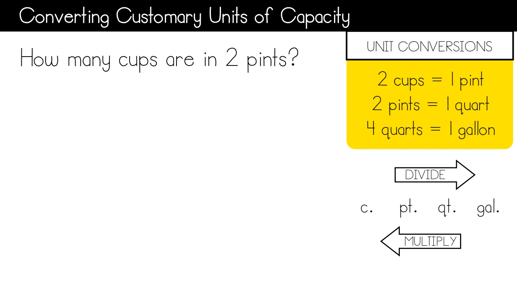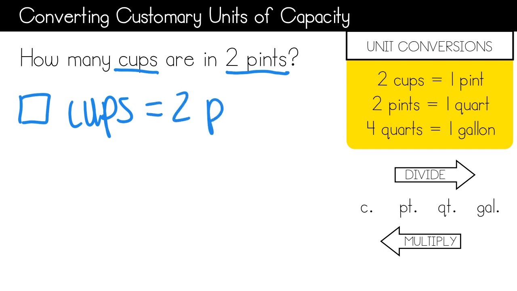Let's dive right in to how we convert customary units of capacity. We're going to be using our unit conversions just like we've used with other customary units of length and weight. How many cups are in 2 pints? How many cups equals 2 pints? I'm going to circle which of the conversions I'm going to use. I'm using cups and pints.